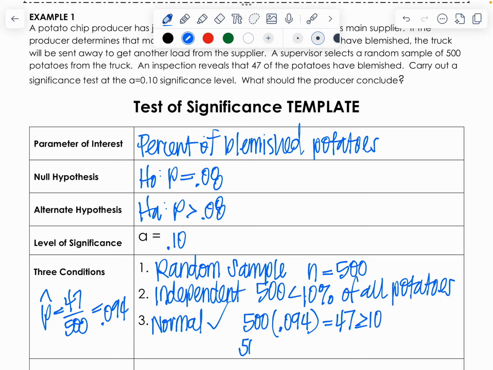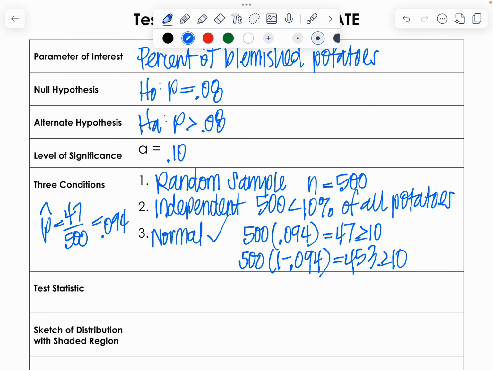And then again, 500 times 1 minus 0.094, which will be 453, which is also greater than or equal to 10. So normal. Okay, so yes random, yes independent, yes normal.